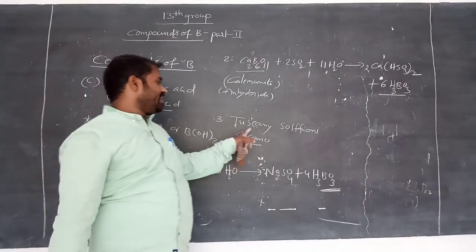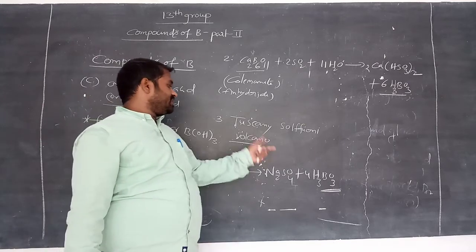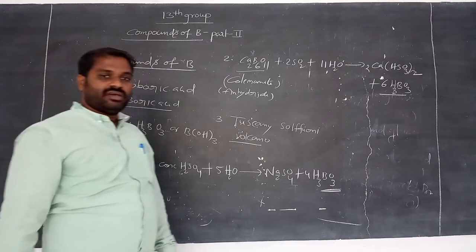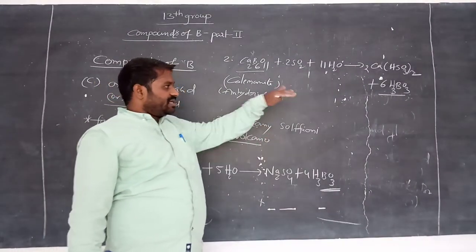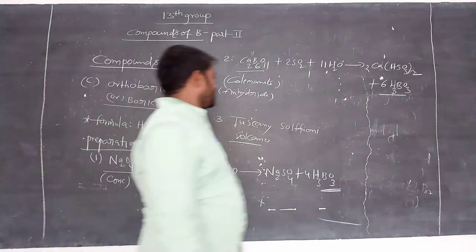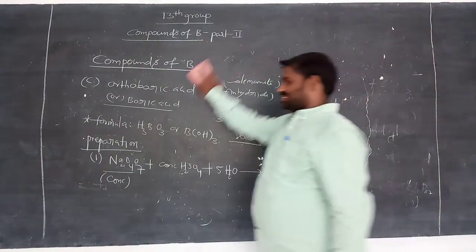This is an area in Italy. We can prepare this H3BO3 from this volcano. This is the name of the volcano, Tuscany Sulfione volcano. Okay, remember this. From this volcano we can extract orthoboric acid. These are the preparations of orthoboric acid.